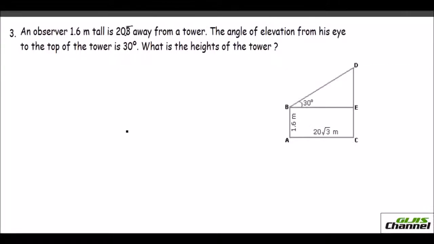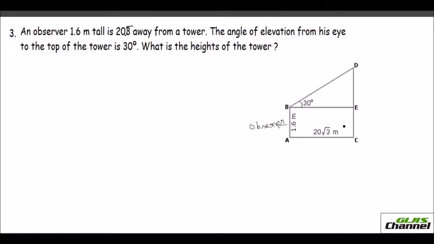Let's look at this one, the third problem. Here I have drawn the picture already. An observer 1.6 meters tall. So the observer's height is mentioned. So you have to consider that too. So I take this AB as the observer. This is the observer, so his height is 1.6.